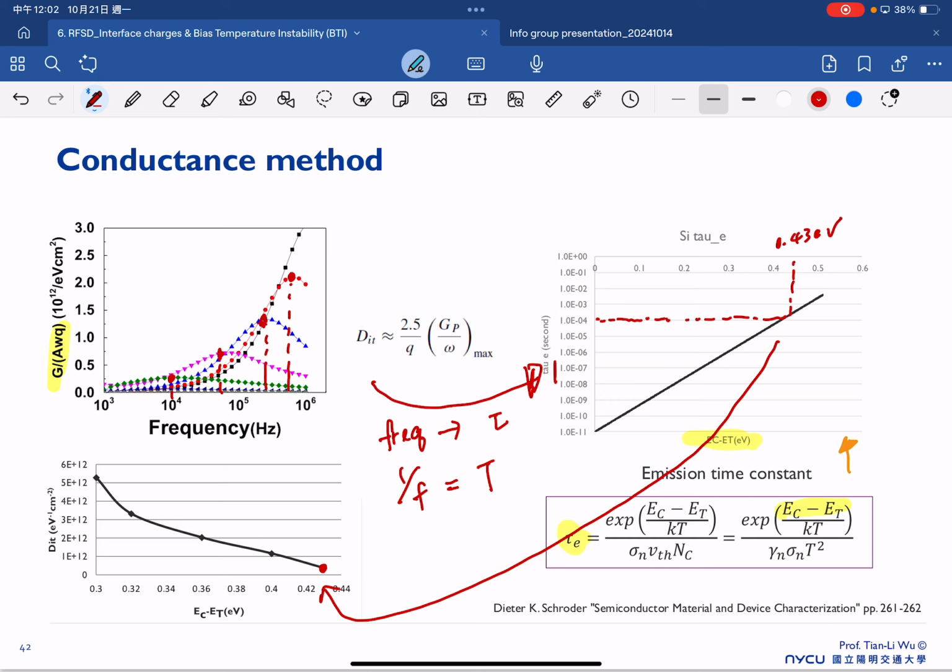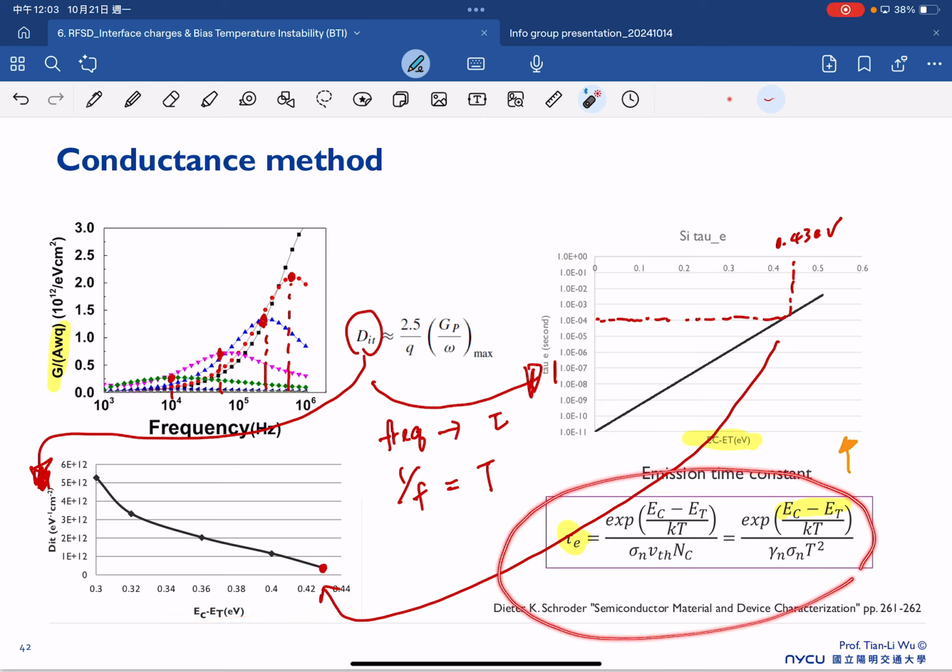So this DIT is from here. DIT is equal to 2.5 times GP over omega. But for the x-axis, how do we know this DIT is correlated to the energy level? We have to consider this one, compared to this graph. And then we have the time constant here that can be correlated to the energy level. That's 0.43 electron volt. And then in the end, we come back to here.